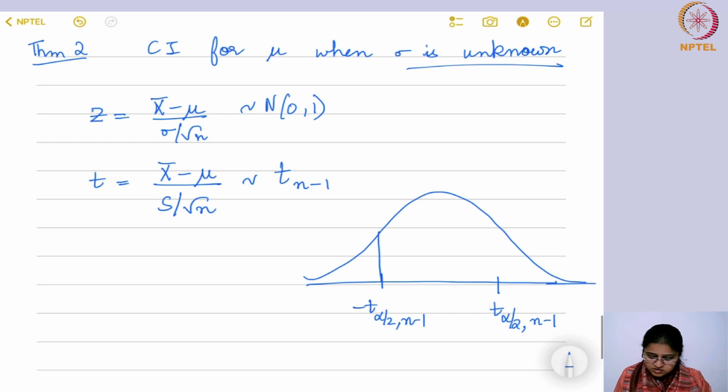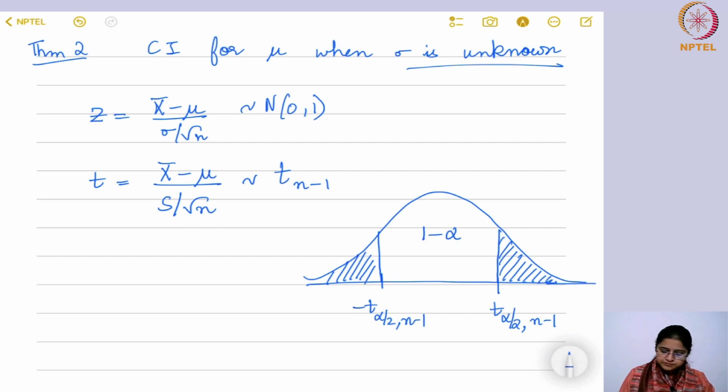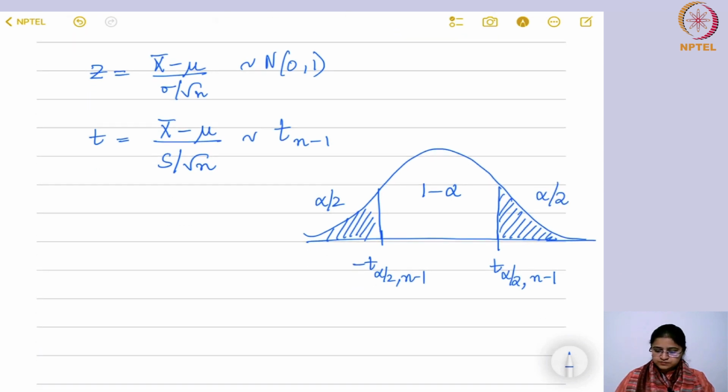If I look at this side, it would be this region, and if I look at this side, it would be this region, and in between it would be 1 minus alpha. So this is alpha by 2 and this is alpha by 2.